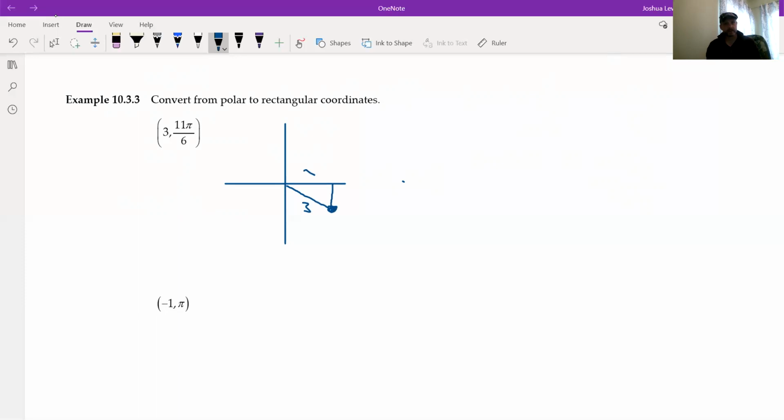And I want my x and my y. Well, x is our r cosine theta. So 3 cosine 11 pi sixths, which is going to be 3 times √3 over 2, which we could call 3 √3 over 2.